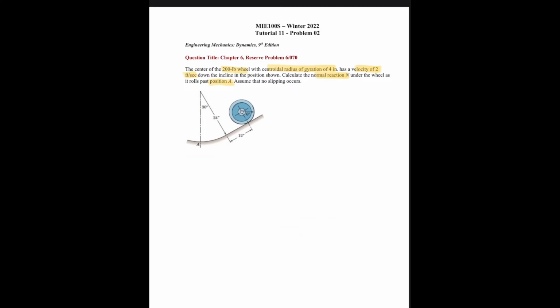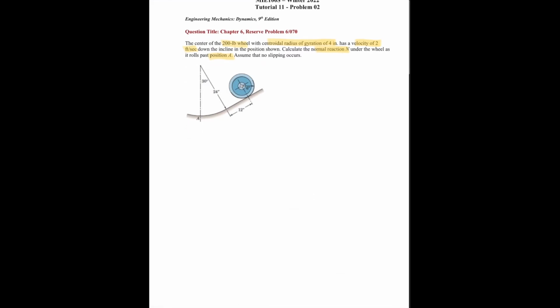Now for me, these units are completely different from what I'm used to. So it's important that we note down our known values and also our conversions. We know that the weight, not the mass, is 200 pounds.